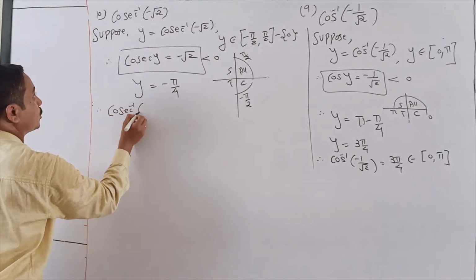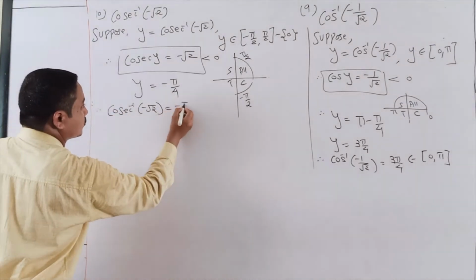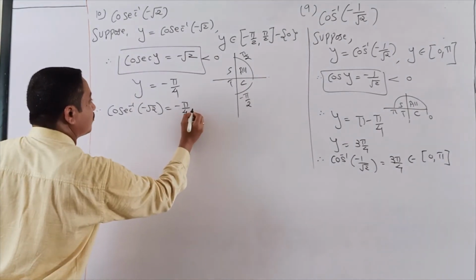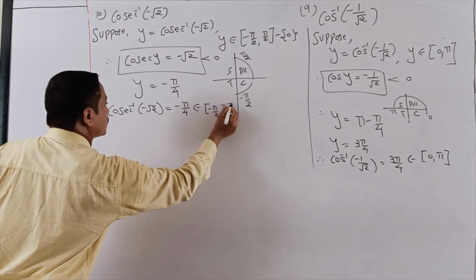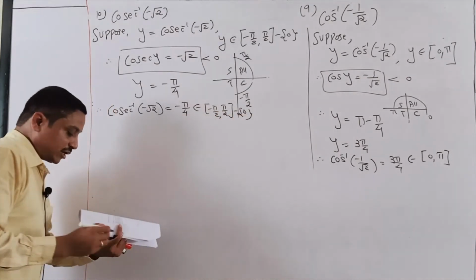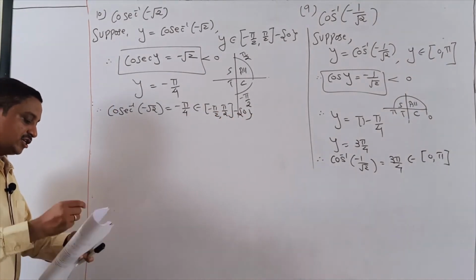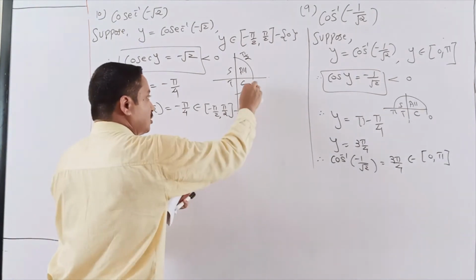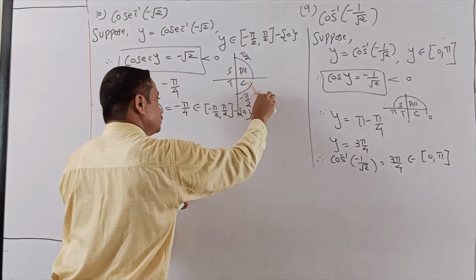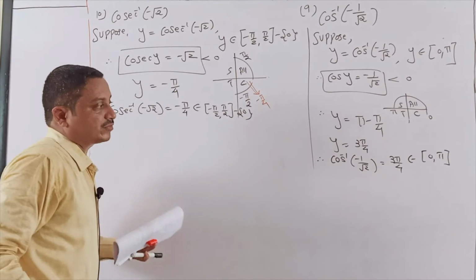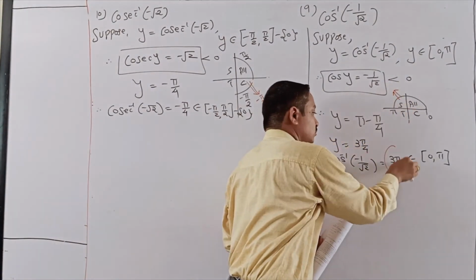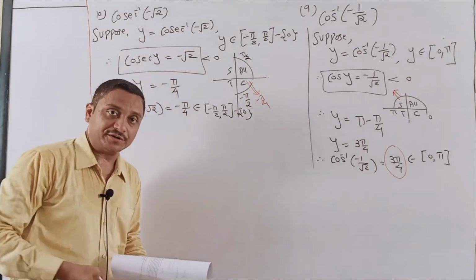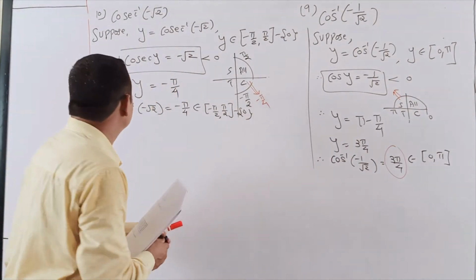So cosec inverse minus root 2 is minus pi by 4, which belongs to my range. Students, your answer is here in this part. Look at that, this is your minus 45. And here this one is 3 pi by 4 in the second quadrant. Yes, happily done. Now continue.